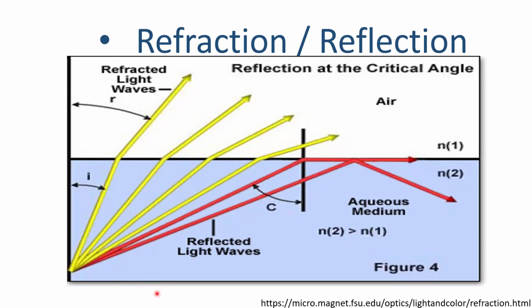And we want to keep the light in. So we want to make sure that we accomplish an angle of incidence high enough that the light stays reflected within the water and doesn't leave our pipeline. We don't want the light to refract. We want the light to reflect.